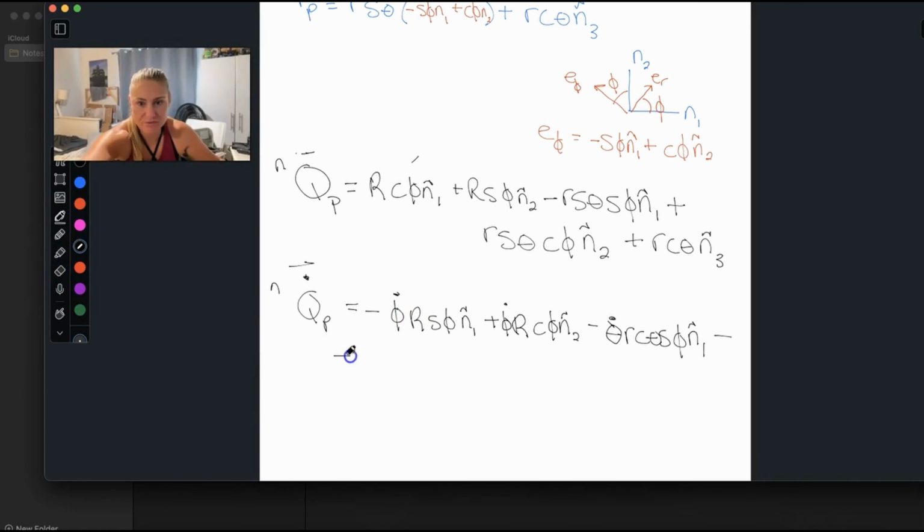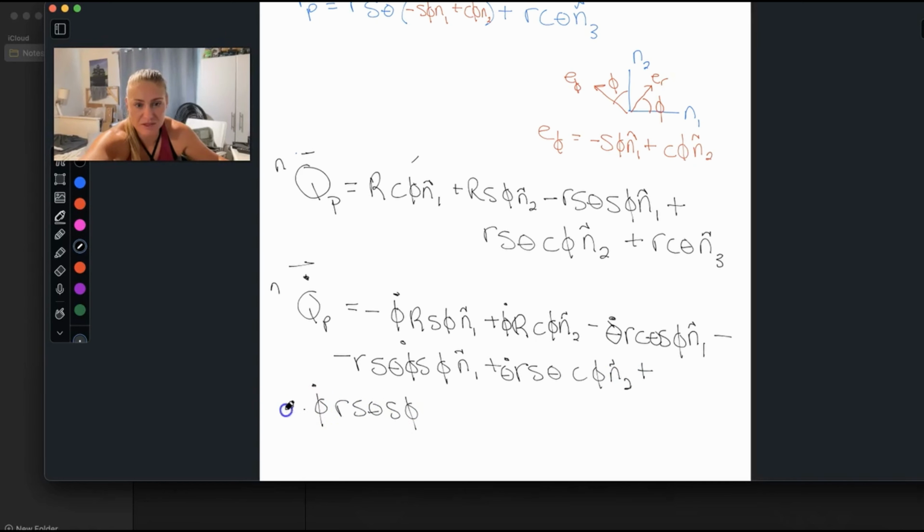So first we're going to do minus R sine theta phi dot sine phi N1 plus, same thing here, R theta dot sine theta cosine phi N2 plus the first times the derivative of the second, which is theta dot R sine theta sine phi, and it will be a negative.